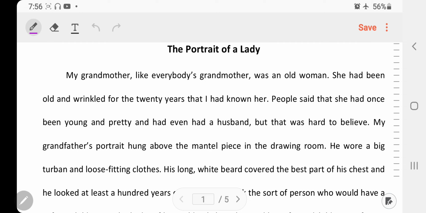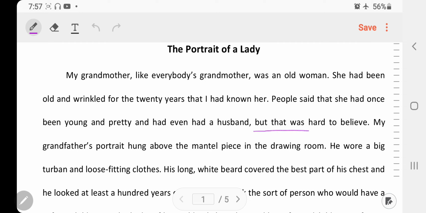And people kept on telling Khushwant Singh that his grandmother was young also, and once in her time she was pretty and even had a husband. But Khushwant Singh says, that was very hard to believe.